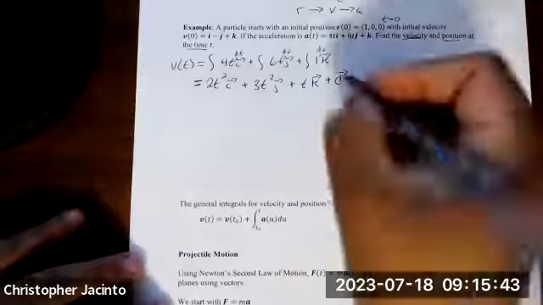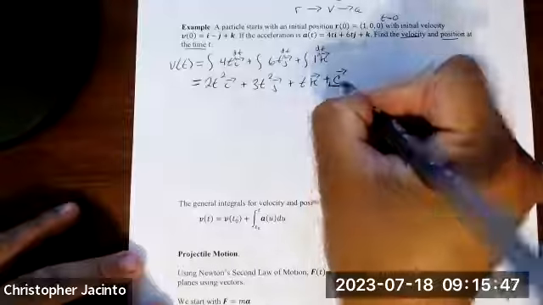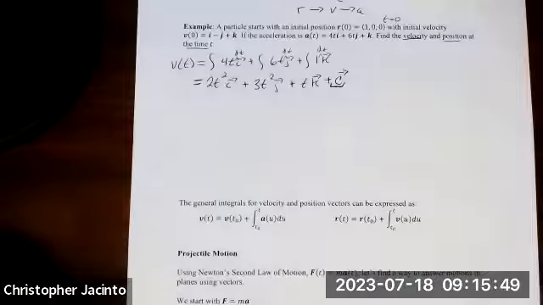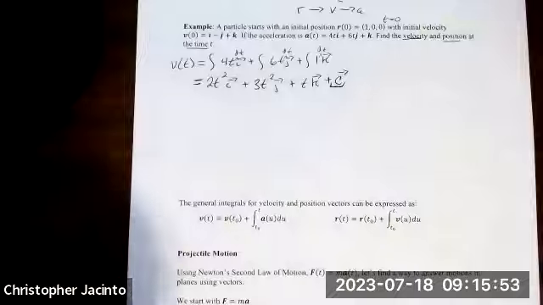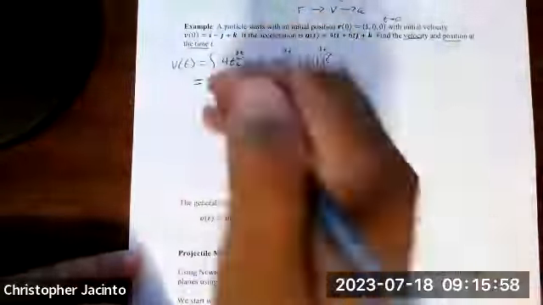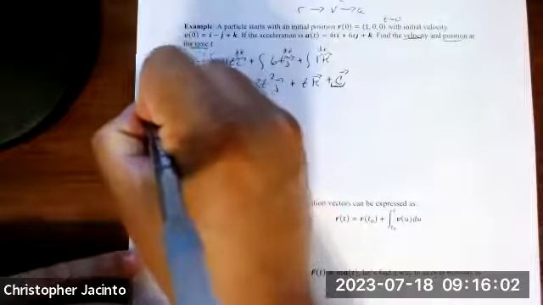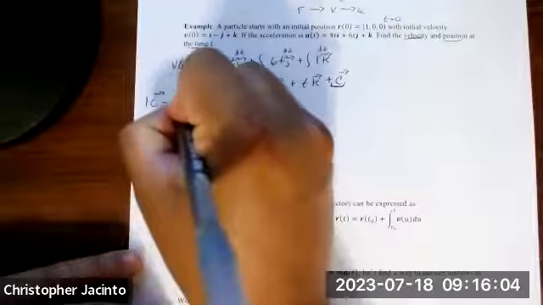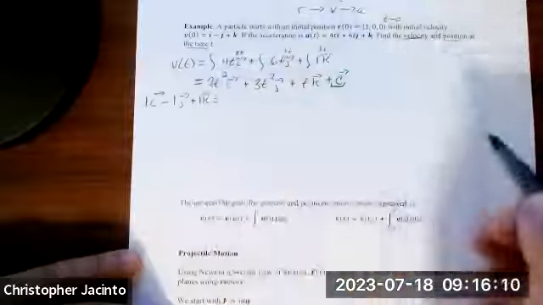Just like it was in Cal 1 and Cal 2 actually as well, since we're trying to solve for initial positions, we first want to solve for c before we take the second integral. So if I plug in 0 for t, I get 1i minus 1j plus 1k equals what I have when t equals 0 everywhere.